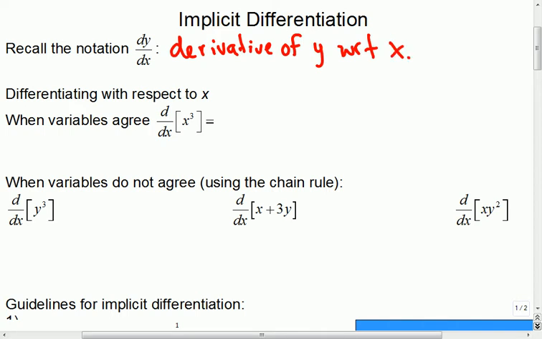So when we differentiate with respect to x, like you've been doing so far, life is not so bad. It's not so complicated. We could just apply our rules to it. But if we're differentiating with respect to x and the variables don't agree, how would you differentiate y when you want to do this with respect to x?